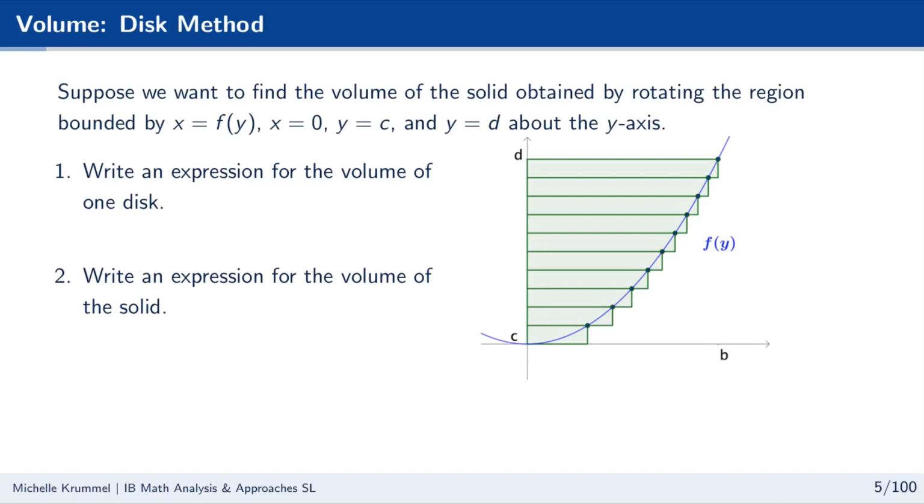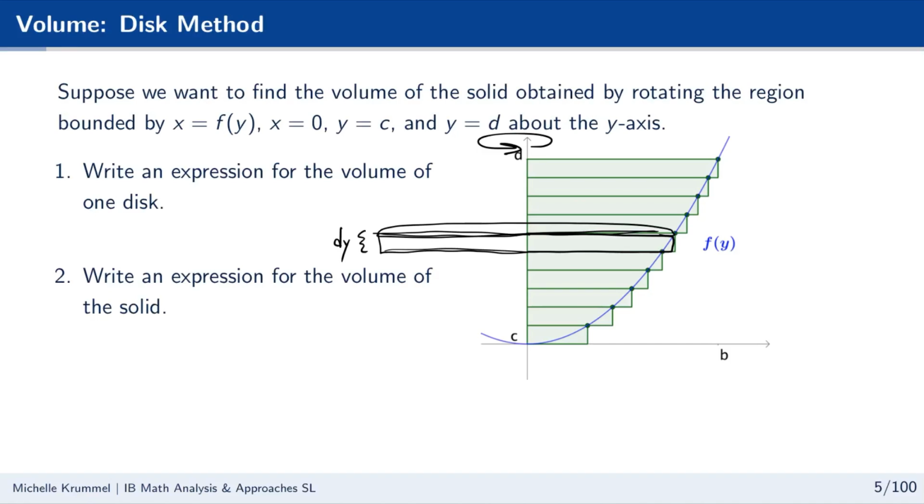Well, this time, if I take a rectangle, I'm just going to pick one, this one, and rotate it around the y-axis, then my disk, and again, we have to imagine now looking at it from this direction. But this disk has a height here of dy, or delta y, instead of dx.